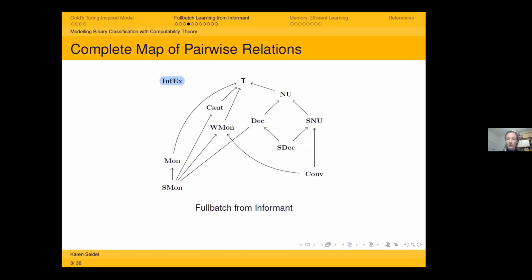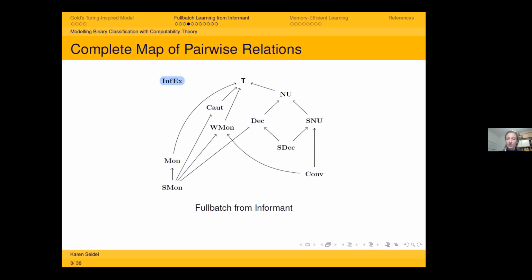any additional properties of the learning process, like, for example, non-U-shapedness. The arrows you see in the picture are implications. So these properties imply each other. I talked about this a bit for conservativeness and non-U-shapedness, for example, and also for strong monotonicity and monotonicity.